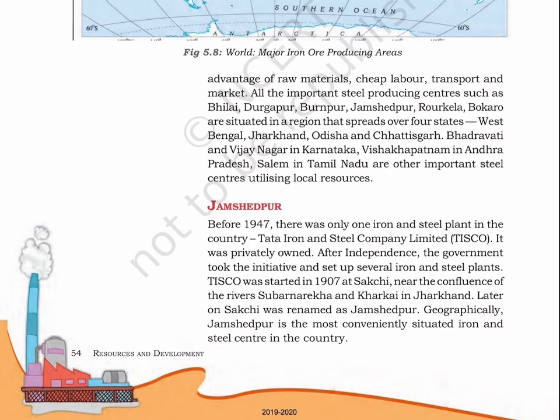TISCO was started in 1907 at Sakchi, near the confluence of the rivers Subarnarekha and Kharkai in Jharkhand. Later on, Sakchi was renamed as Jamshedpur. Geographically, Jamshedpur is the most conveniently situated iron and steel center in the country.